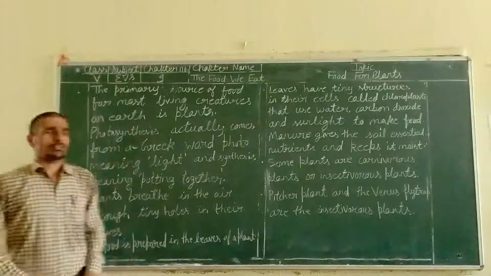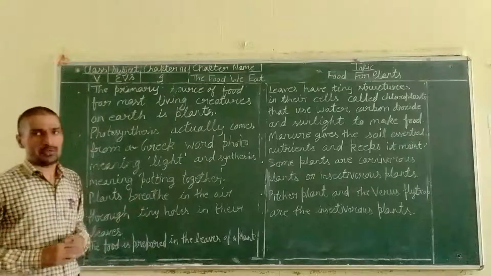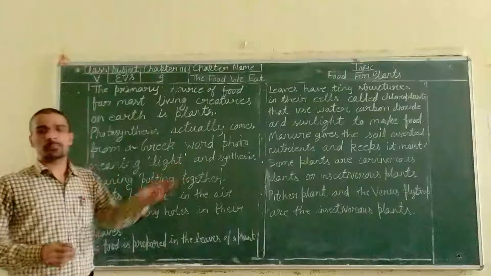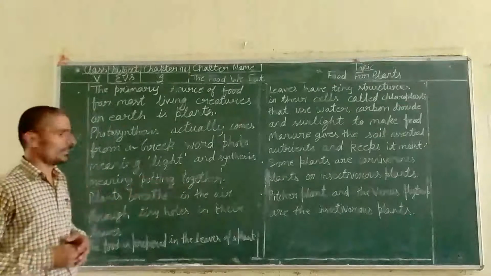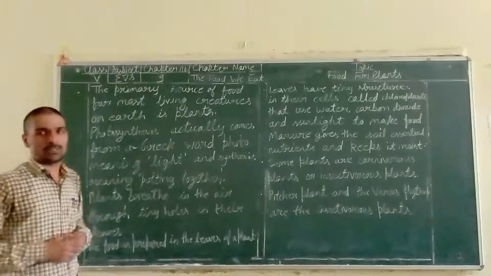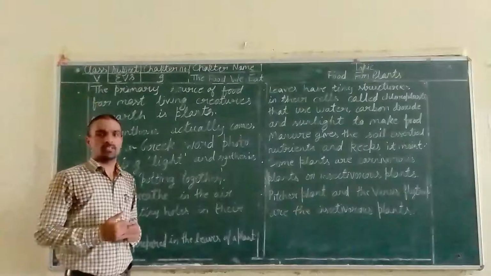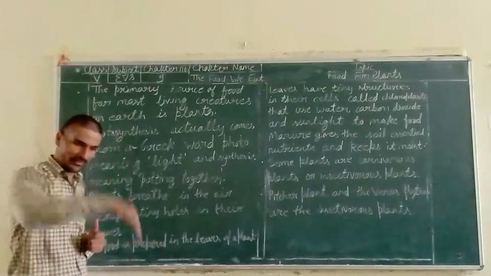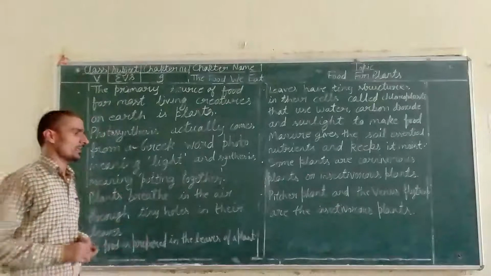Pitcher plants. You can easily guess the name, it is like a pot. That is the shape, the pitcher. So its shape is the same as a pitcher. That's why its name is pitcher plant. With this shape, when a small insect sits on top of the plant, it slips down and is digested by the plant.